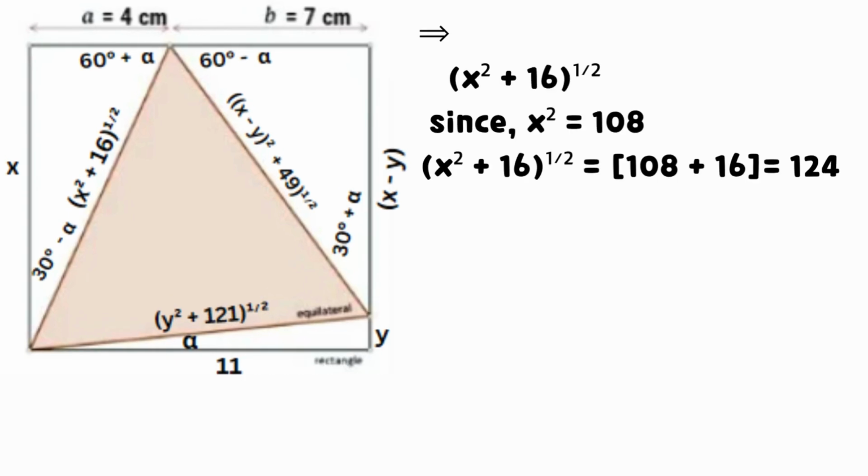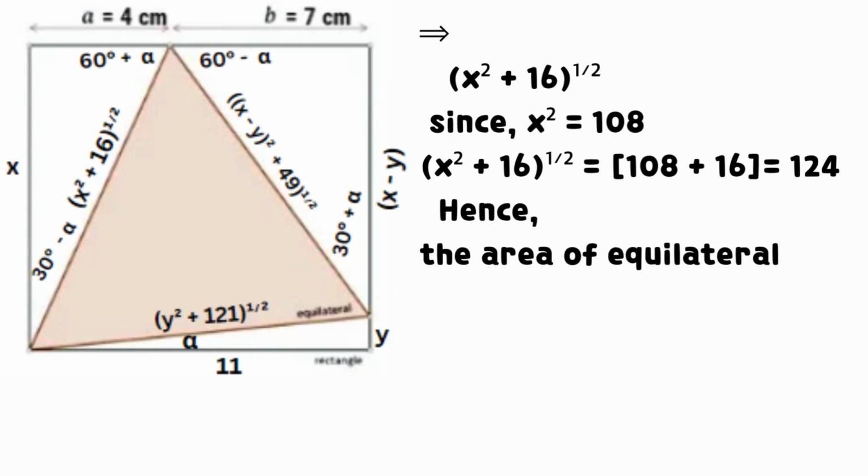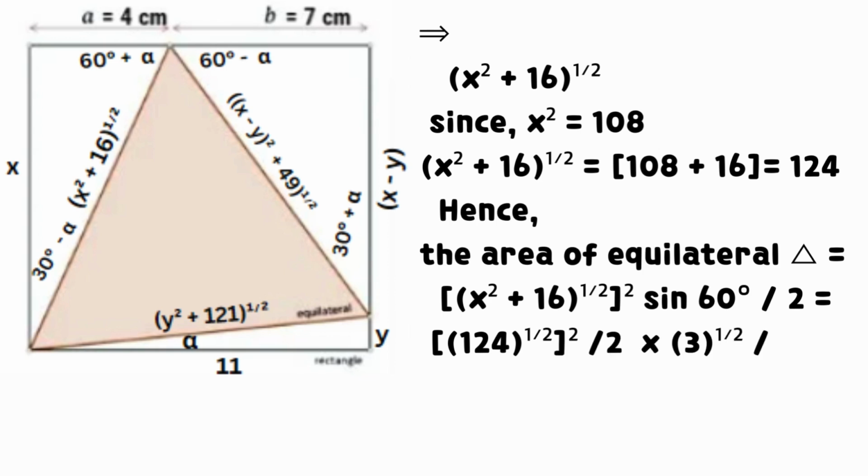Thus, we have the square root of the sum of the square of x and 16. Since the square of x equals 108, the sum of 108 and 16 equals 124.